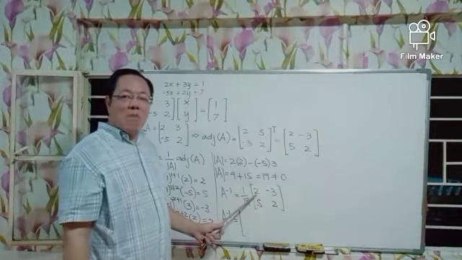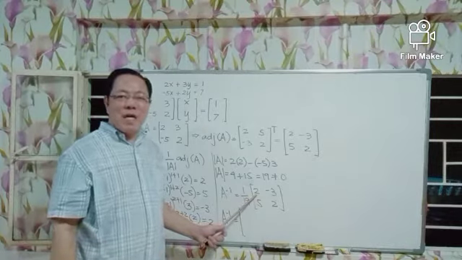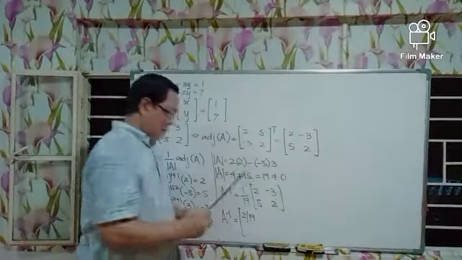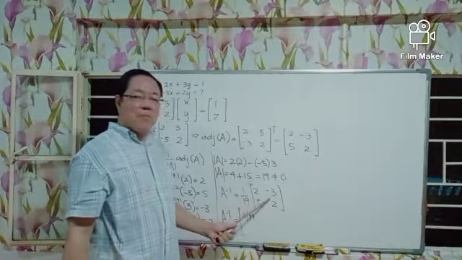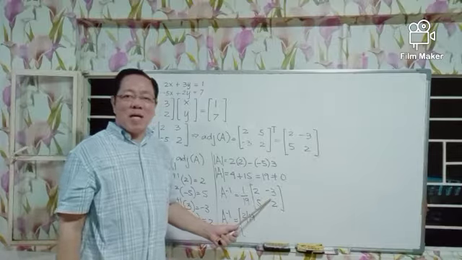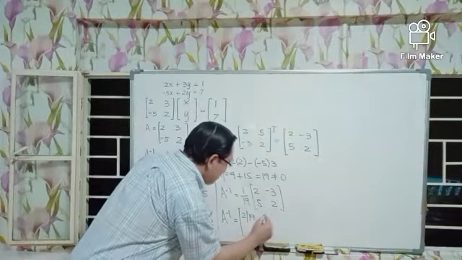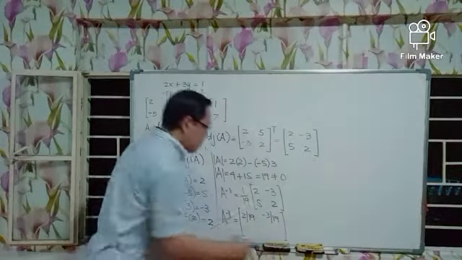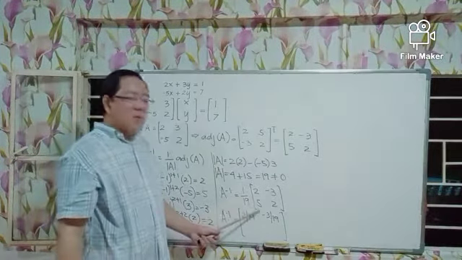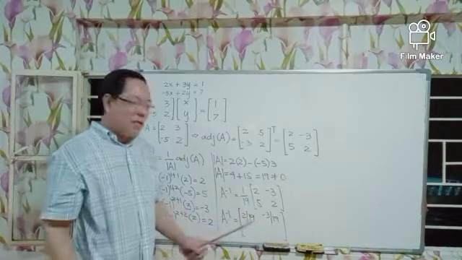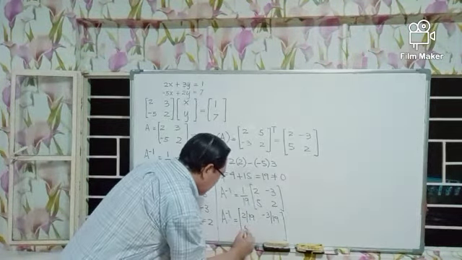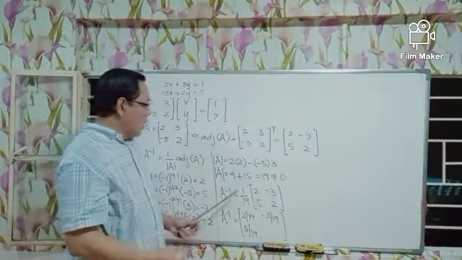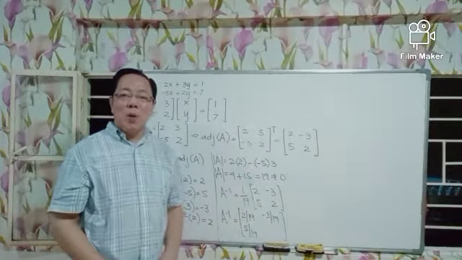We get 2 multiplied by 1 over 19 is 2 over 19. 1 over 19 multiplied by minus 3 is negative 3 over 19. 1 over 19 multiplied by 5 is 5 over 19. And finally, 1 over 19 multiplied by 2 is 2 over 19.